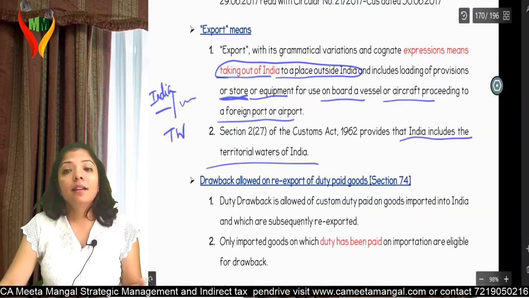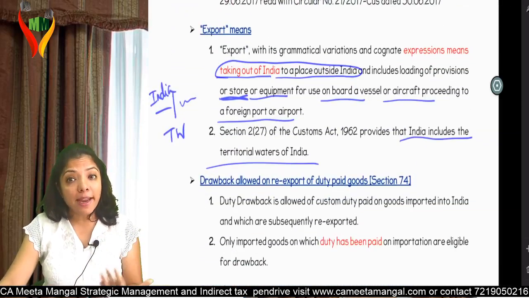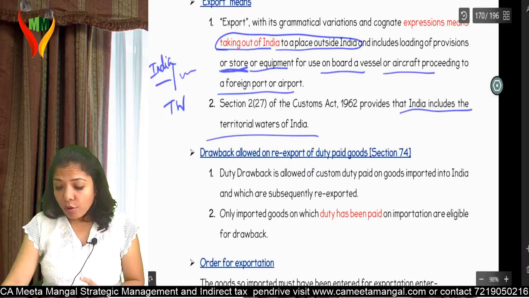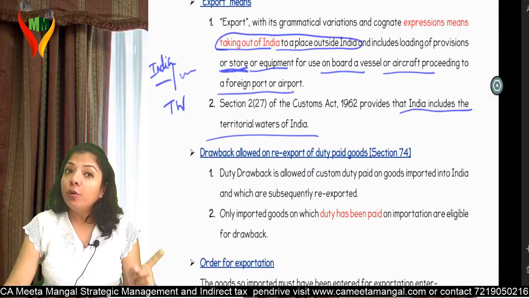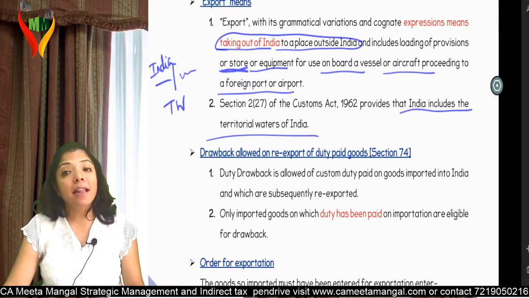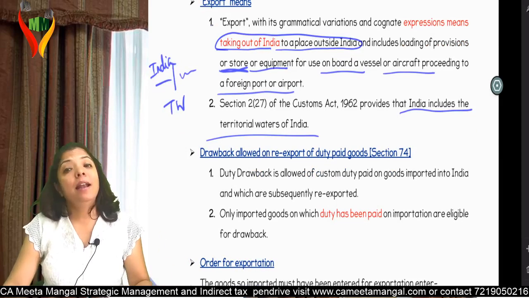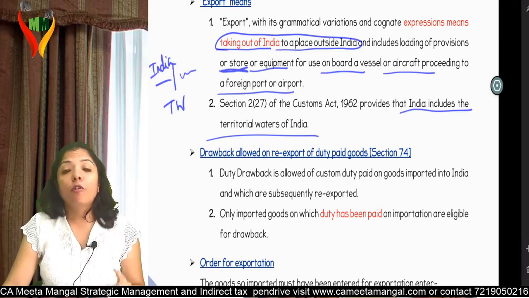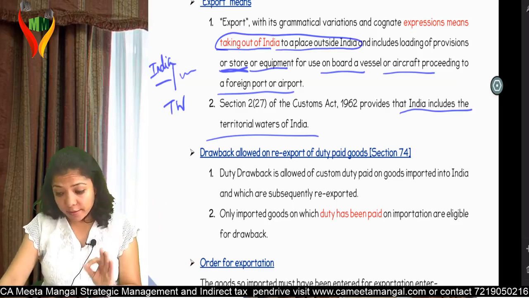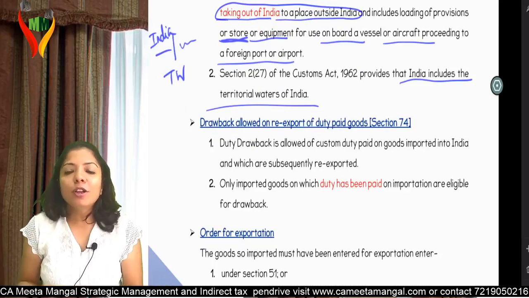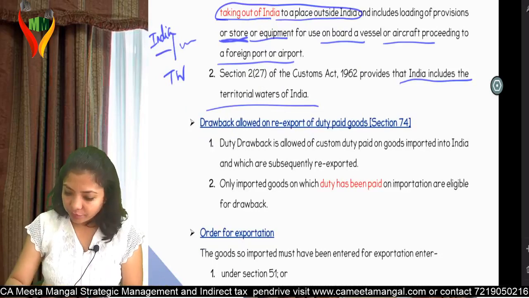Can I go ahead? Now, conditions to be satisfied to get eligible under section 74 for duty drawback. Drawback is allowed on re-export of duty paid goods. If you have paid duty at the time of import and those goods you have exported, then only you are eligible for the drawback of duty paid. If no duty is paid at the time of importation, the question of drawback will not come into the picture.